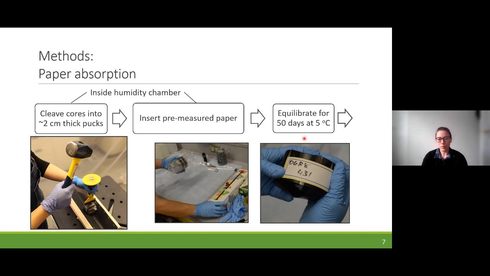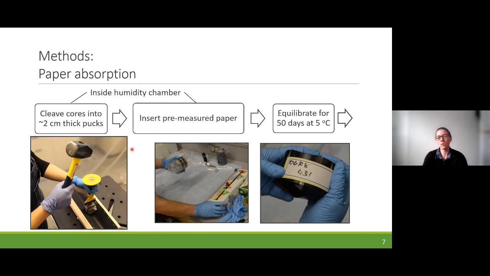The paper absorption method that I will present here is our most recent iteration of the method. This method has undergone a few iterations over its development, but this particular method has been used to report pore water concentrations. So we begin by cleaving or segmenting our cores inside of a humidity chamber.